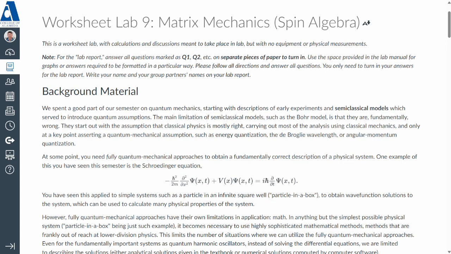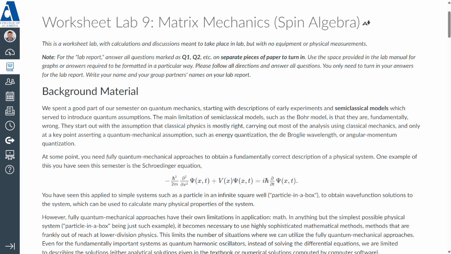So you just watched through an introduction to a worksheet lab activity that was done in an in-person class. In that arrangement, students had time to read through the lab manual on their own and work in groups with their classmates.